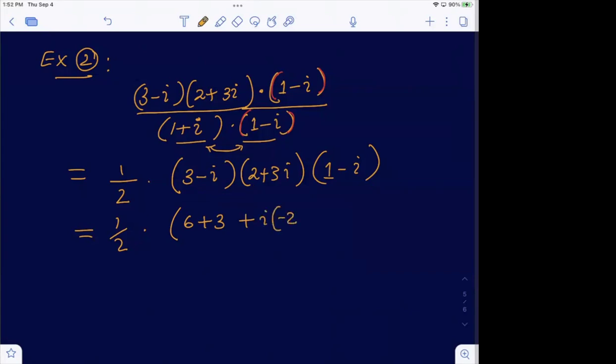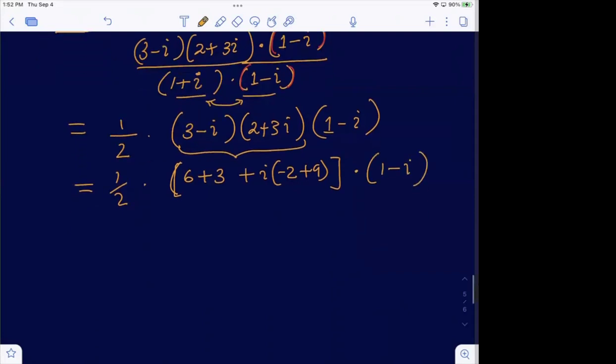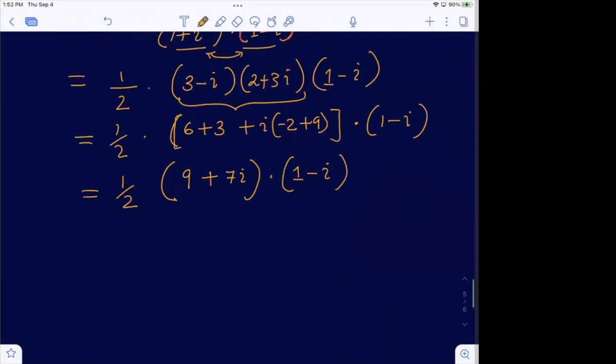So i times -2 and then +9, plus 9. So that is the product of the first two numbers together, yet this one is untouched. Wait until the last step to get it simplified. So now when you simplify this, you can see it's 9 plus 7i, then 1 minus i. Now you have the product of two complex numbers to be computed, which is again the same definition. So let's do it.